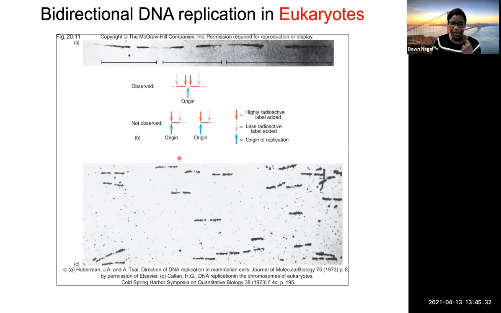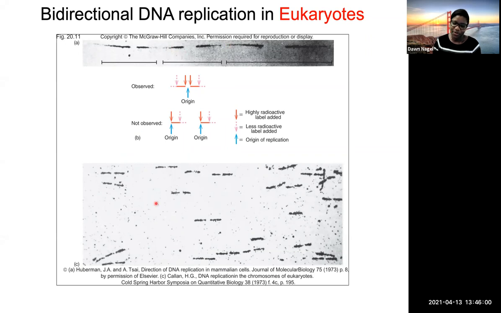The difference between these two graphs is that with bacteria, you can synchronize the cells, right? So all the bacterial cells are going through replication and dividing at the same time. They didn't do that here, and that's why you have different intensities. Like here, it's much brighter. Here is a little bit different.